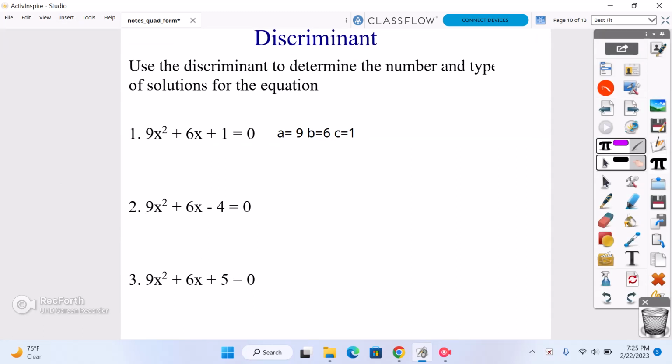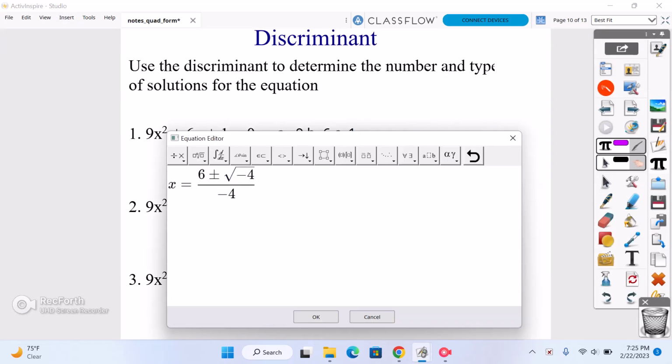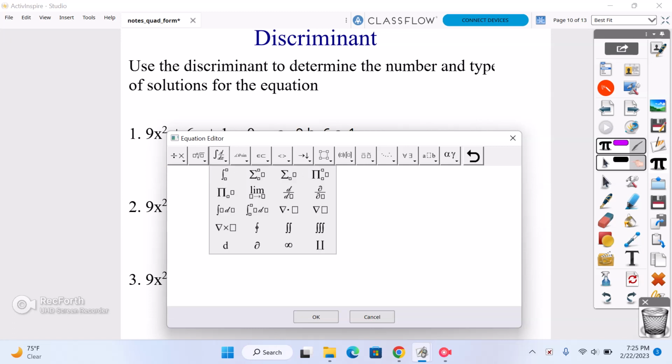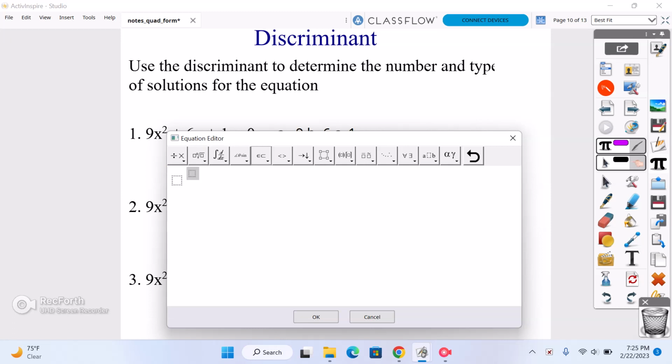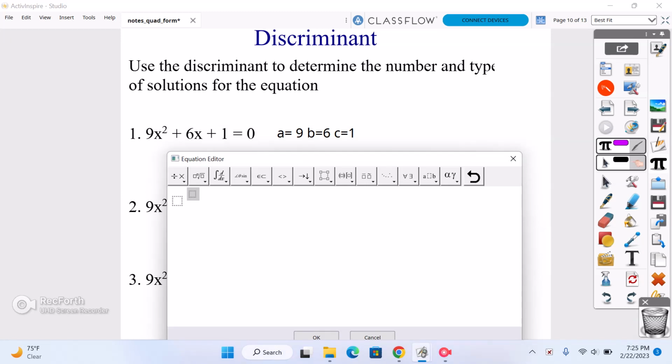And so if we do b squared, we know that our b term is 6, so we're going to do 6 squared minus 4 times a, which is 9, times c, which is 1.